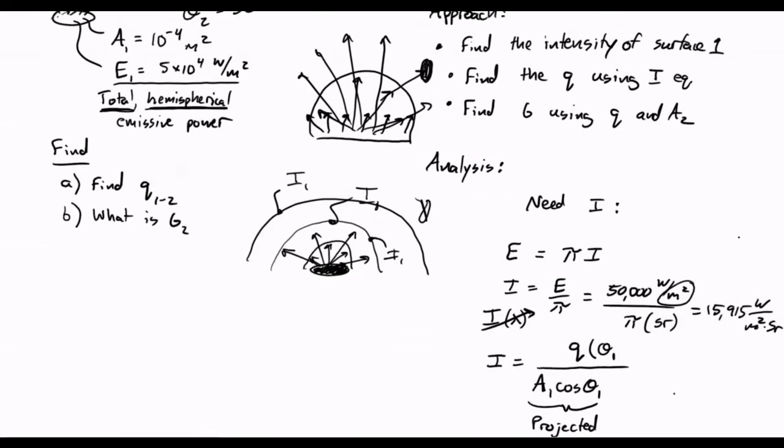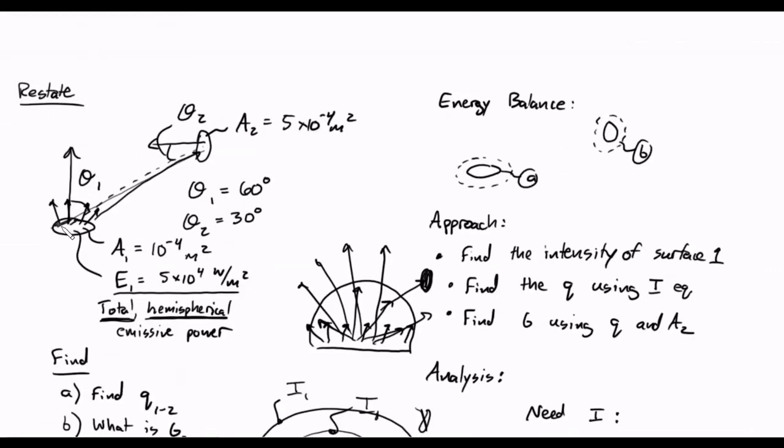Because we've got, let's go all the way back to our original drawing. We've got heat leaving here. And we don't want to know the full heat rate. We want to know all of the heat leaving in this direction, which is theta 1. But then we also need to know not just to theta 1, but to a certain amount around theta 1.